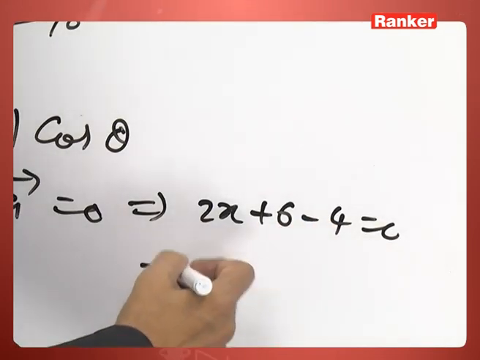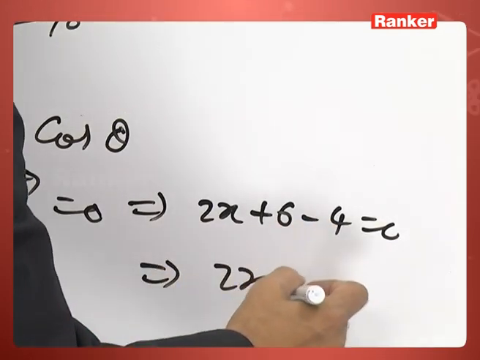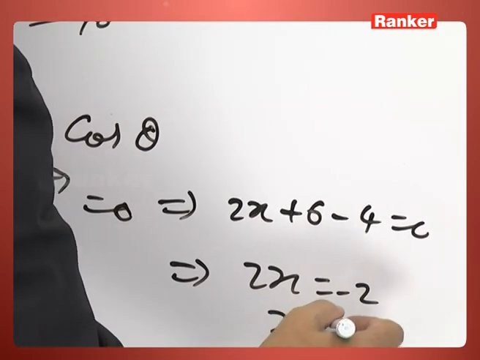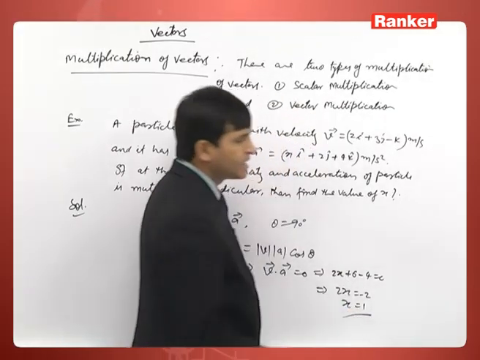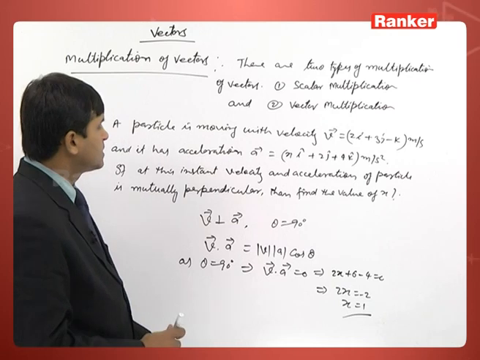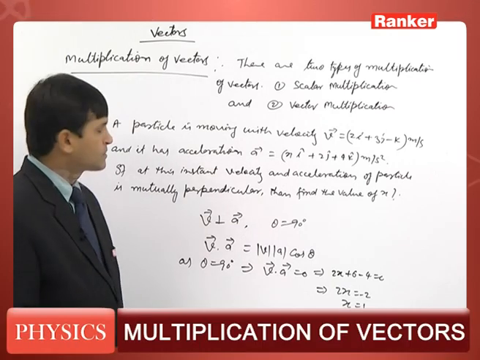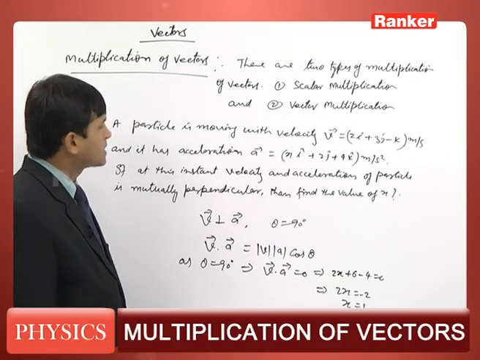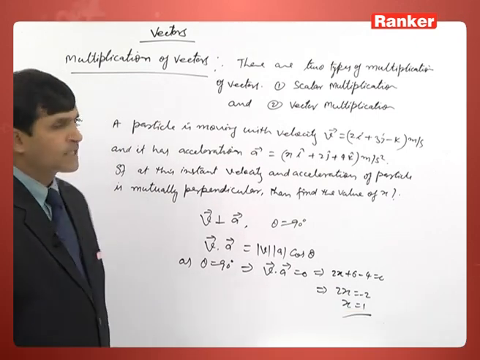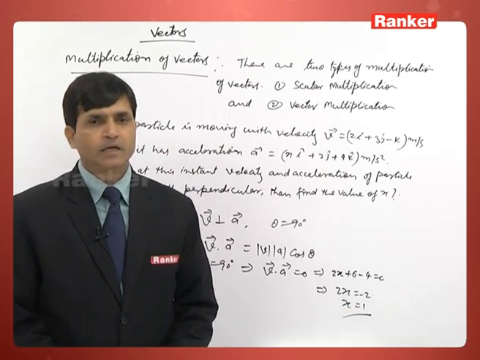So, this gives us 2x is equal to minus 2, x is equal to minus 1. Likewise, we can solve this problem. This is just a small application of your scalar product.